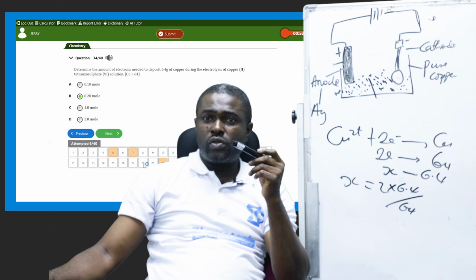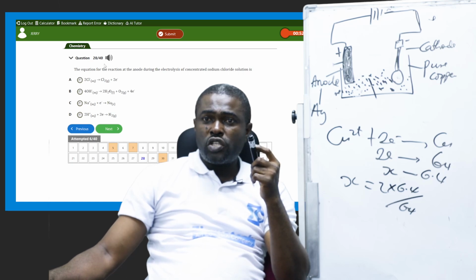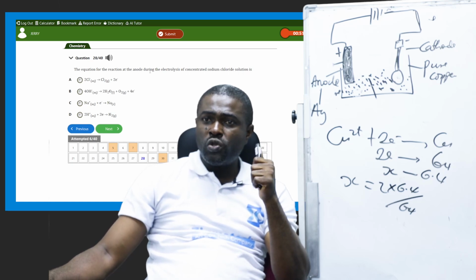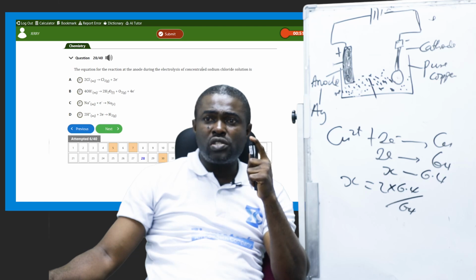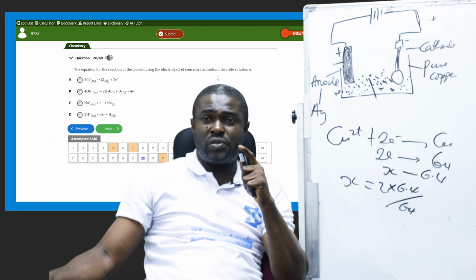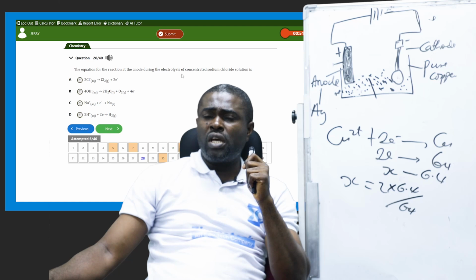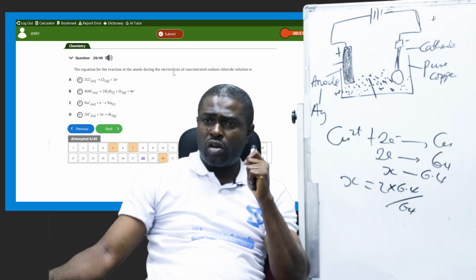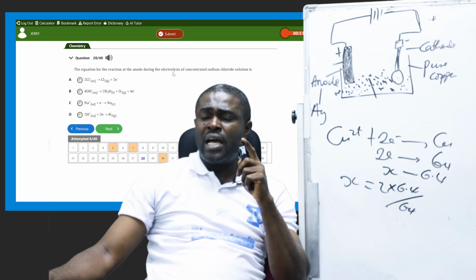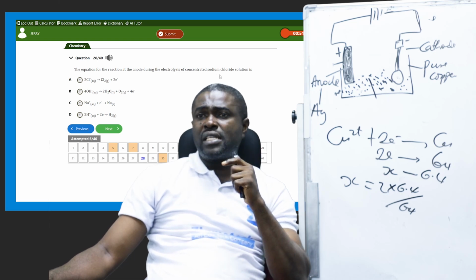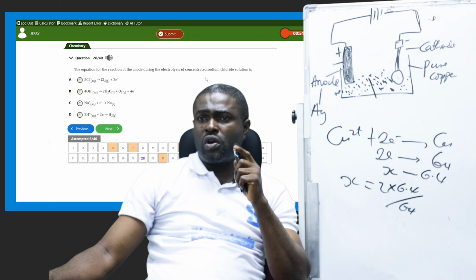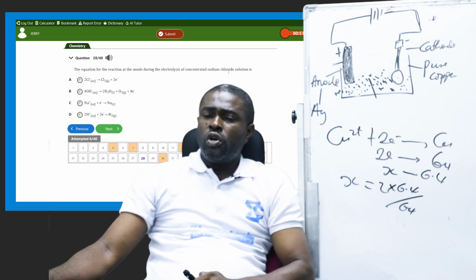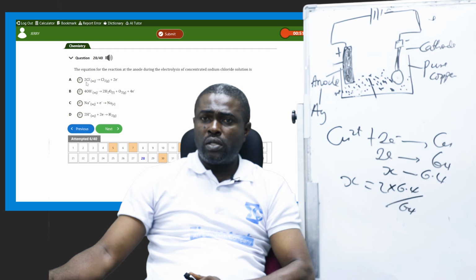So let's go. Number 28. The equation for the reaction at the anode during the electrolysis of concentrated sodium chloride. We use this as an example today. Once the electrolyte is concentrated, the OH- from water will not be discharged, rather the other anion. So in as much as it's dealing with brine, which is concentrated sodium chloride, chloride ion will be the one to move to the anode where it loses electron to become neutral chlorine.